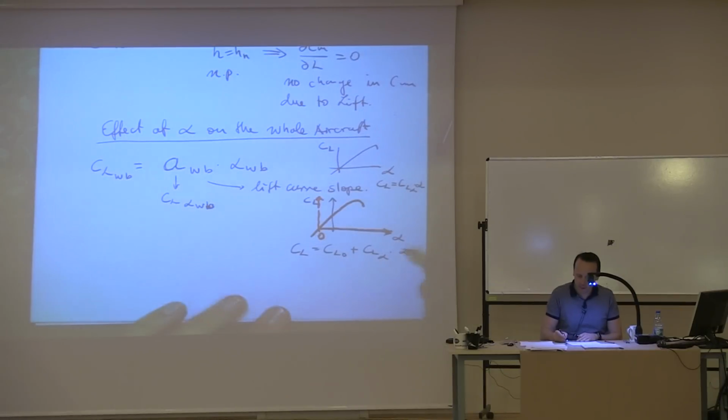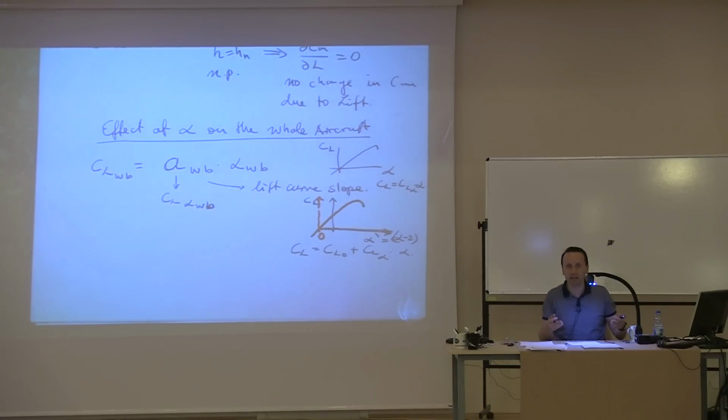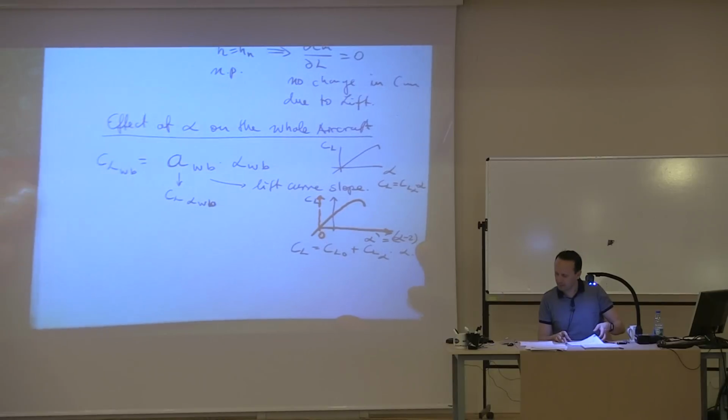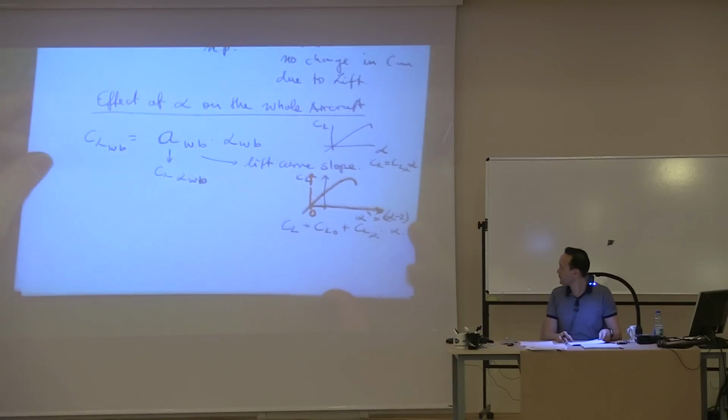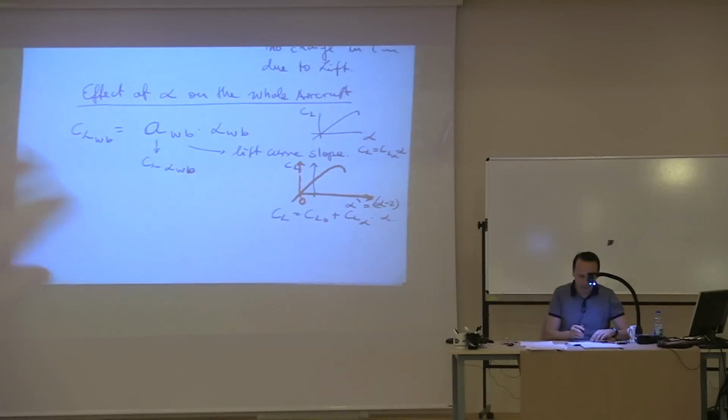This graph here is now alpha minus 2, and I call this alpha hat. And everywhere I can write alpha hat. And at the end, when I calculate something, I just say alpha hat is equal to 0. But in reality, I know alpha is equal to -2. It's just a conversion of references. Does it make sense? No? If you don't understand this, go home and think about it. I mean, it's really simple mathematics, okay?